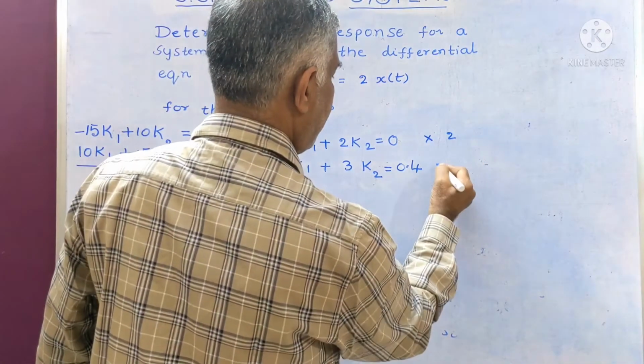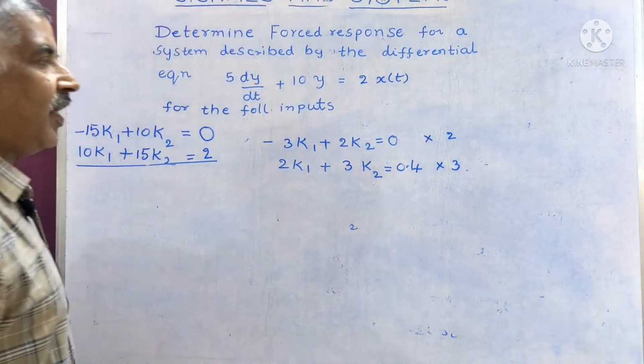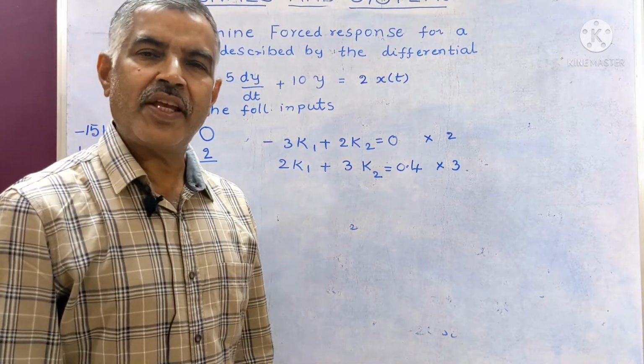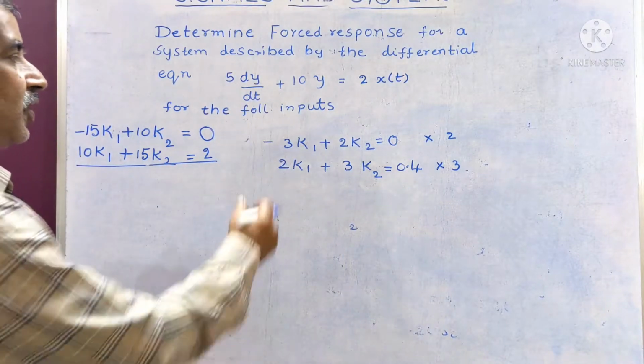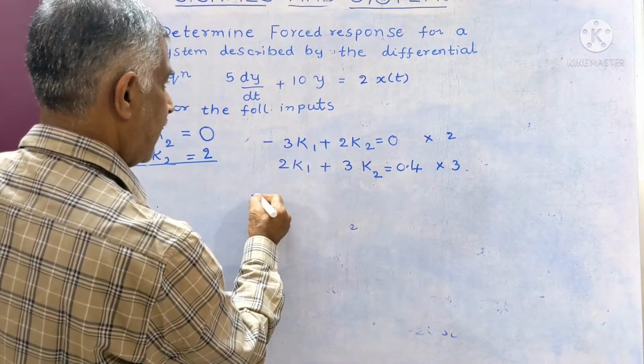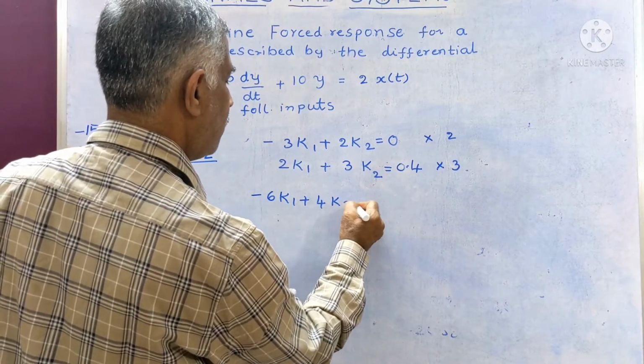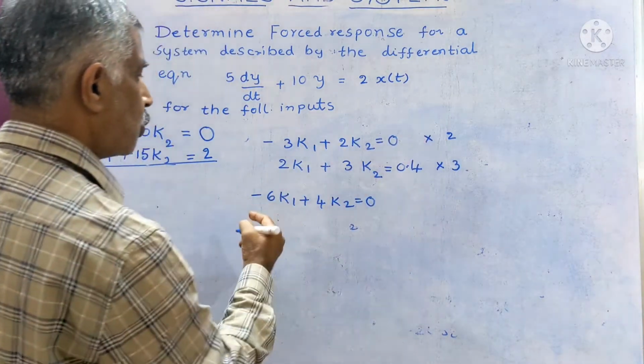Next, multiply this with 2 and this with 3. We have to solve the simultaneous equations. Or in the examination, make use of the calculator to solve these two simultaneous equations. Minus 6k1 plus 4k2 equal to 0 after multiplying with 2.